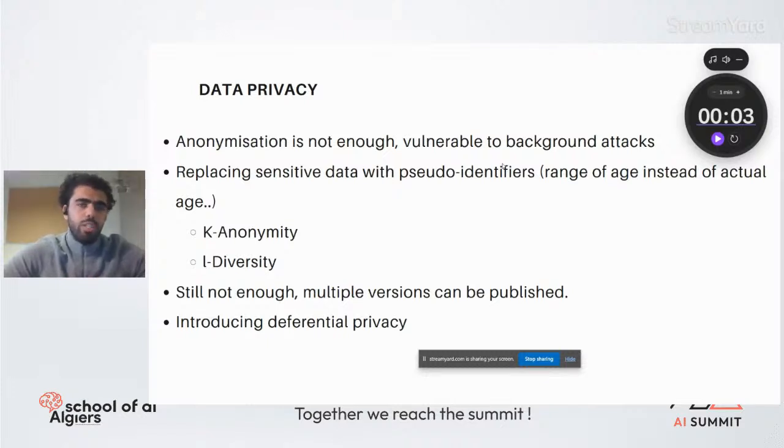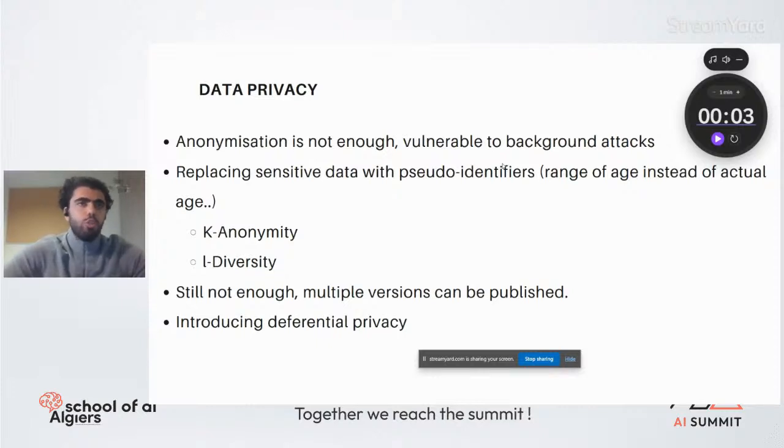While this ensures that an attacker cannot distinguish k individuals inside the group, it still has low privacy guarantees, because it doesn't have a constraint on the diversity of the target information in this group.